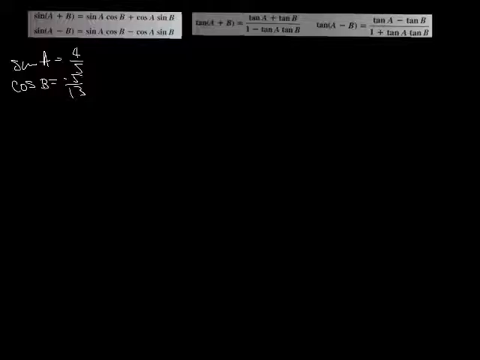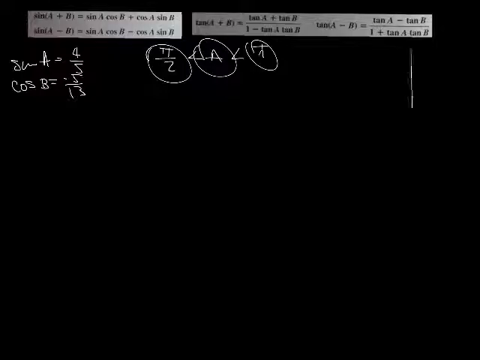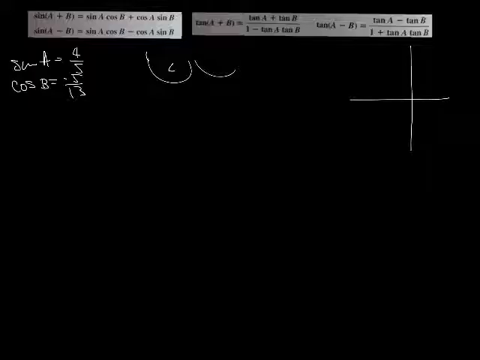They say that pi over 2 is less than A, which is less than pi. That tells me that this angle right here is between 90 and 180, so it's in the second quadrant. That's all that tells me, is that I'm in the second quadrant.